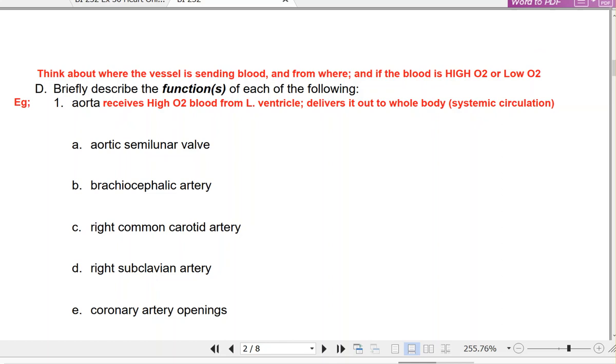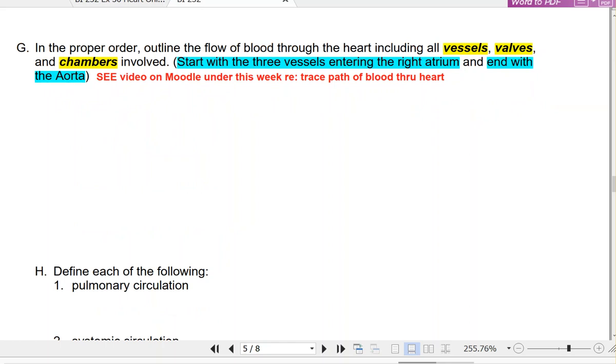On page 5, you have a question that asks you to outline the flow of blood through the heart. I just showed you the Moodle video that will walk you through that process. But just remember, you have to name all the vessels, all the valves, and all the chambers that the blood is going to go through.